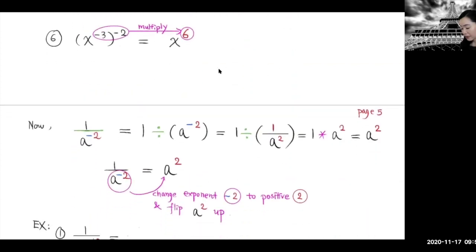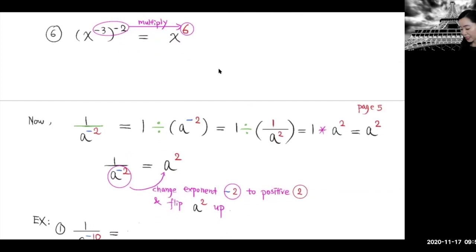So the next one. This time we have a negative exponent, but it is in the denominator. Remember, that's the division side, so it's 1 dividing by a to the negative second power. Now, a to the negative second power is 1 over a squared.